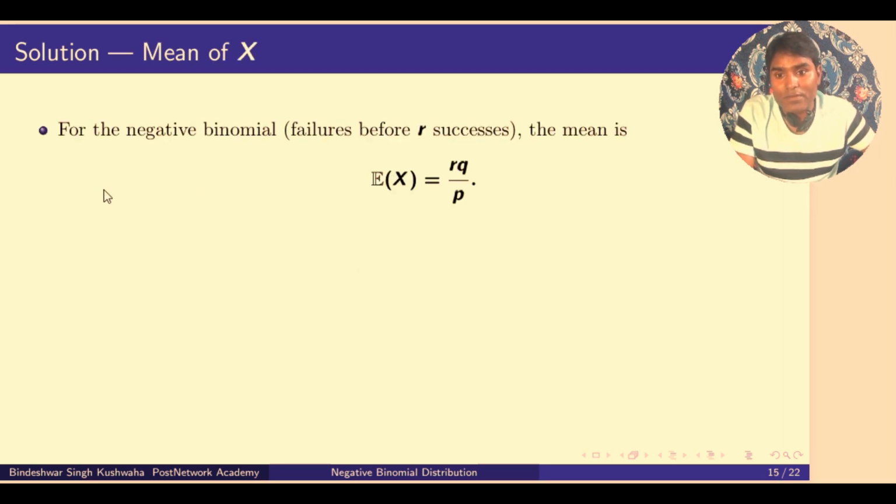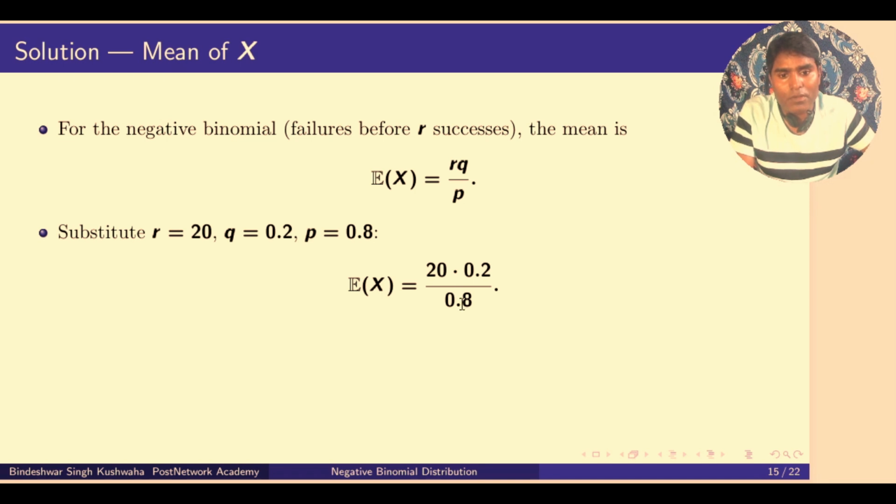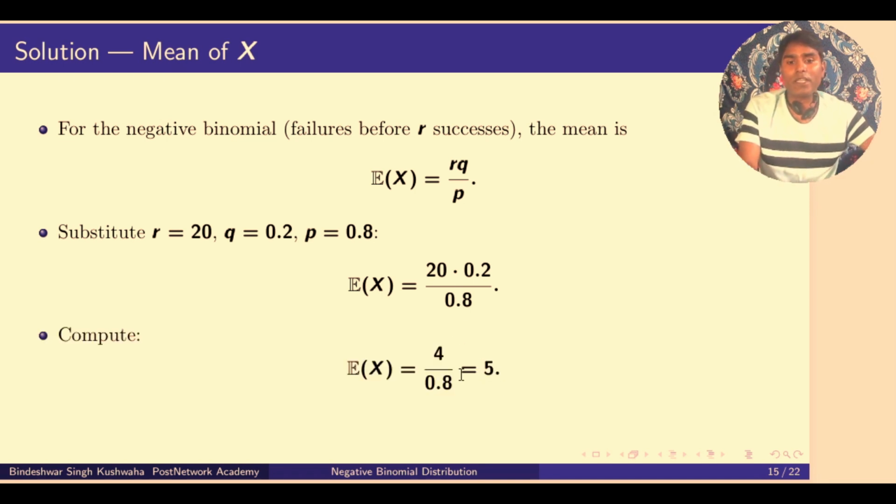So we will model X by the negative binomial distribution, counting failures before the rth success. For the negative binomial distribution, we have derived the expected value. So r we already know, we plug in q and p, 0.2 and 0.8, and we will get 5. The expected value of the random variable X is 5.